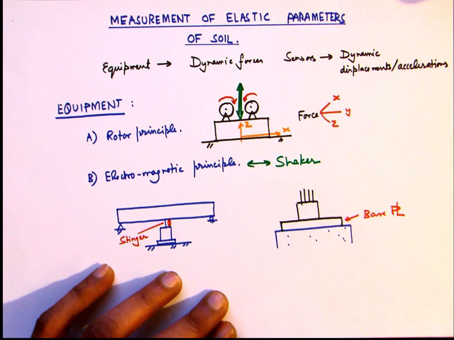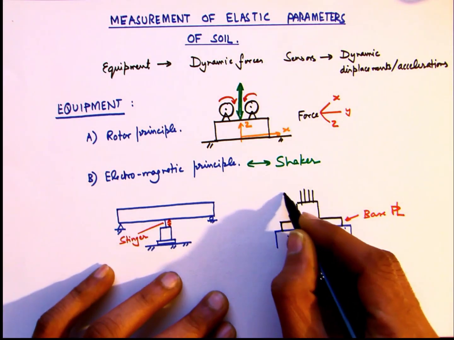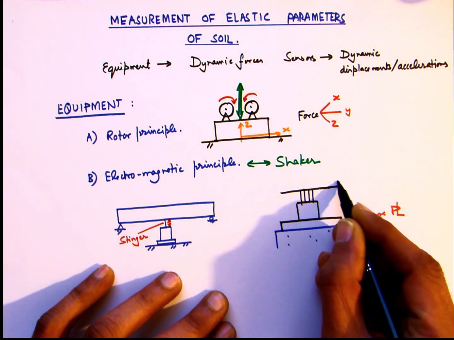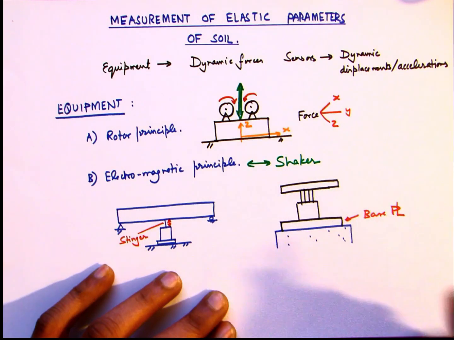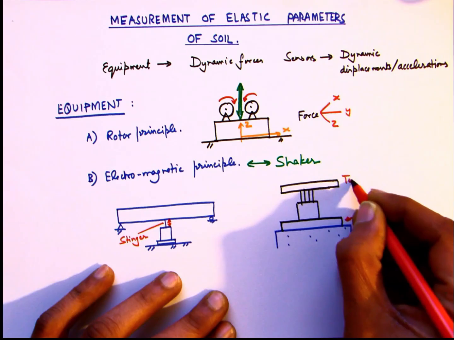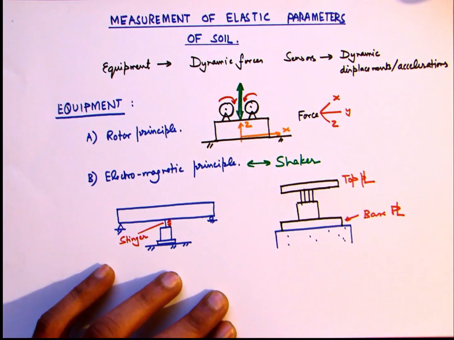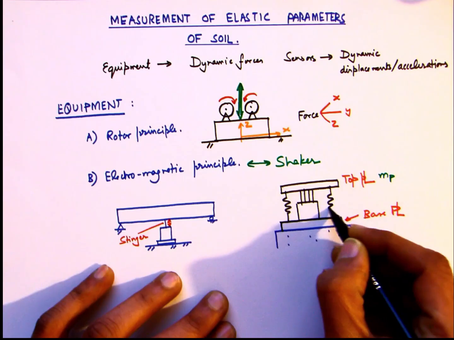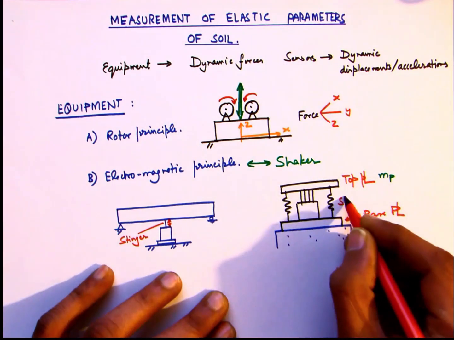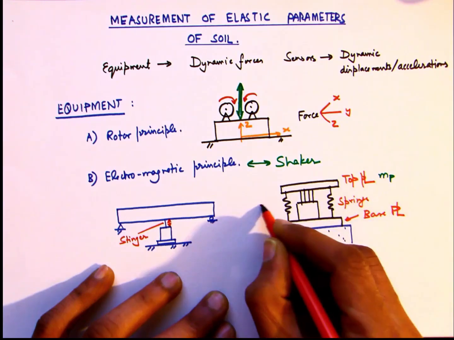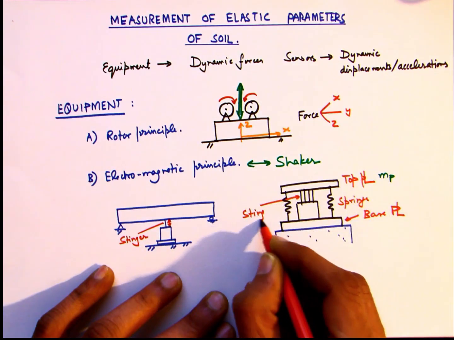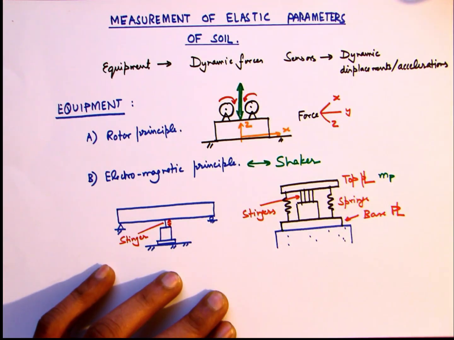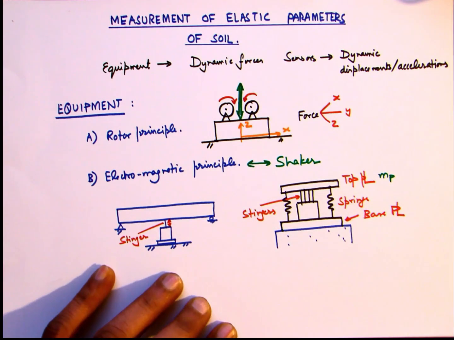Then a number of stingers connect the shaker, the main vibrating element, with a top plate, and the top plate is held in position not alone by the stingers but also by at least 4 springs which are positioned in between the top plate and the base plate. So the action of the shaker makes the top plate undergo vibrations. So by inertial effect, force is produced.